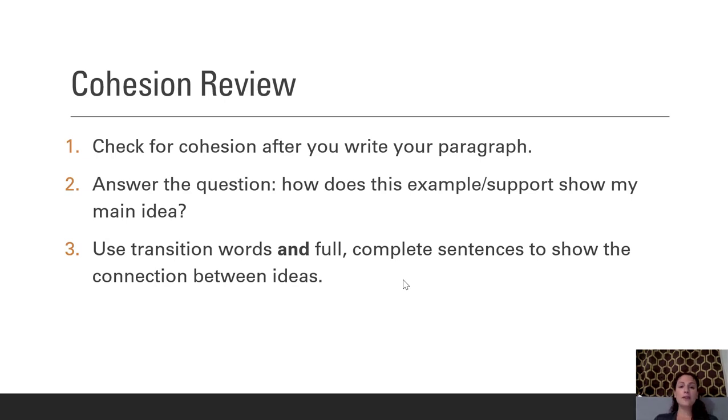What you want to focus on, especially at this level, is adding full sentences that help explain the logic of how the ideas connect. So that is my challenge for you, is to really focus on adding these sentences after your examples that help the reader see how that example connects back to the main idea.